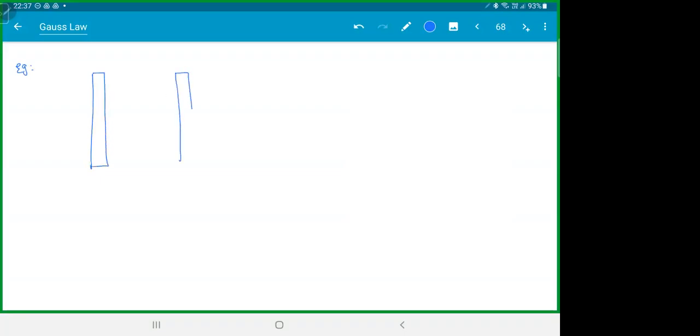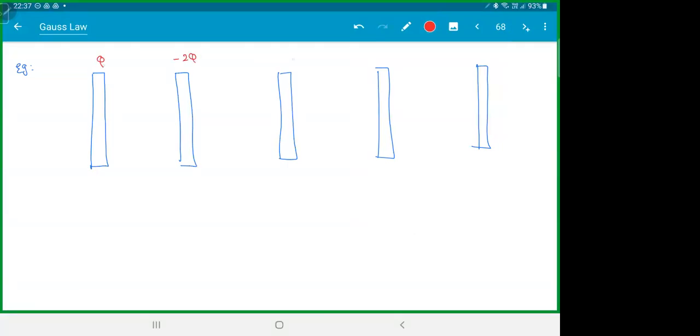Plate. Let's say this is q, this is minus 2q, this is 3q, this is q, and this is 4q. Now can you tell me the distribution?